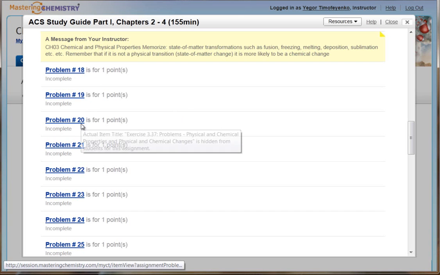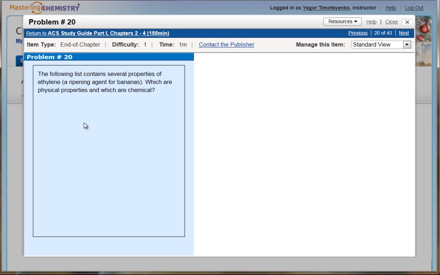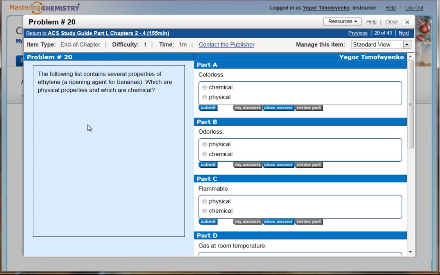I'll just randomly click right here. So in this case, on problem 20, we have a property such as flammable. Well, for something to be flammable, you have to have a chemical transformation, and so therefore it is a chemical property. For something to be odorless, odor is evaporation of a substance, therefore it should be a physical property.